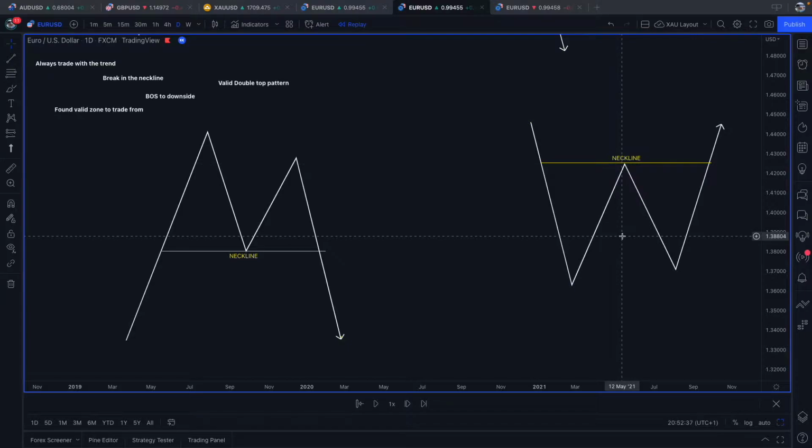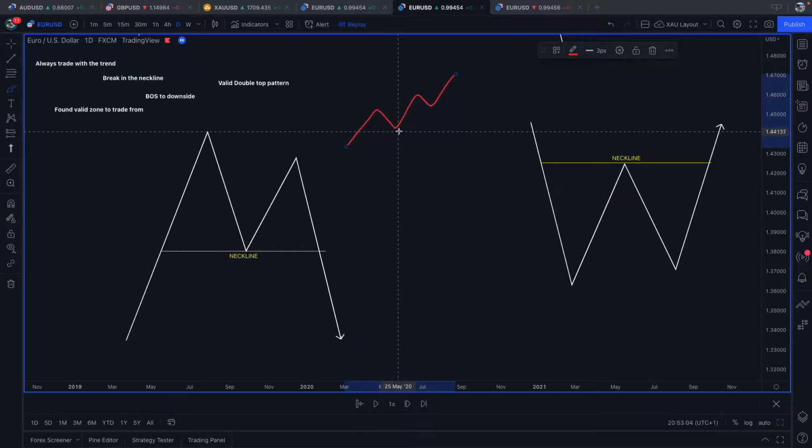Now, this pattern coincides very well with structural laws, and I'll explain why later on in the video. But if we quickly just talk about the laws of structure, when we look at bullish structure, we know that it produces higher highs and higher lows in the market. As we can see, the lows are protected and the highs break every time, creating new higher highs.